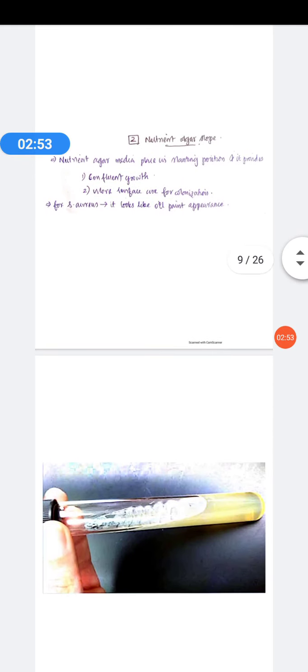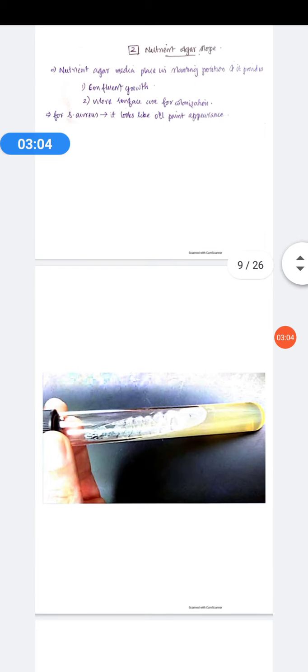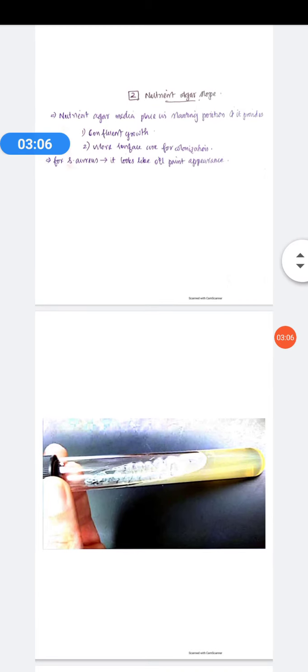Then come to the second one, that is nutrient agar slope. What do you mean by nutrient agar slope? It is also the nutrient agar media, but it is placed in slanting position as shown in the figure, and it provides a confluent growth for the bacteria, also more surface area for the colonization.